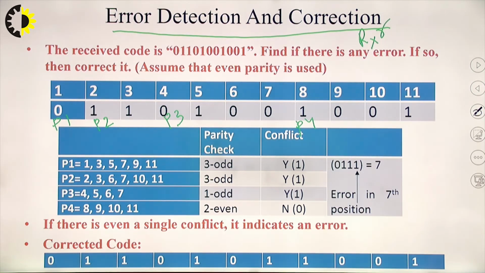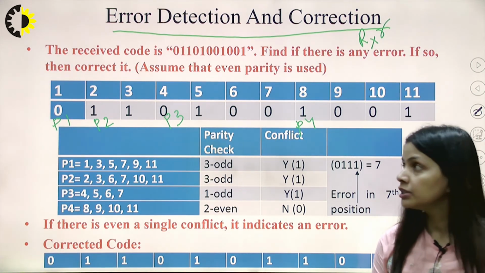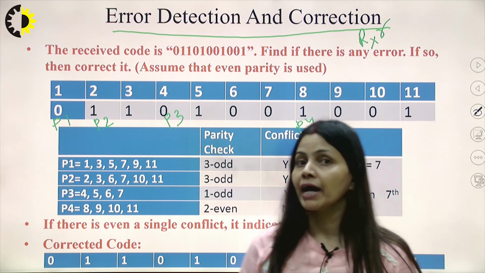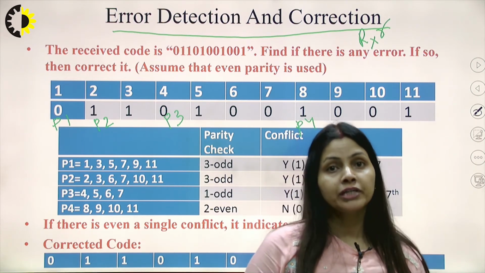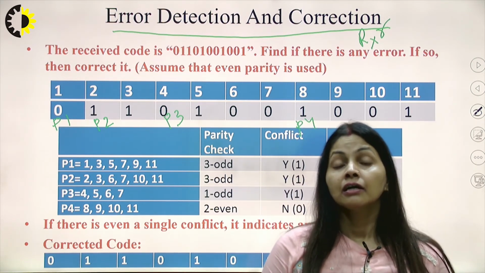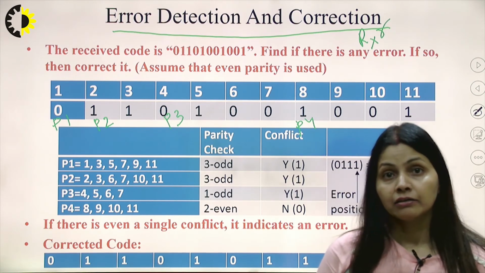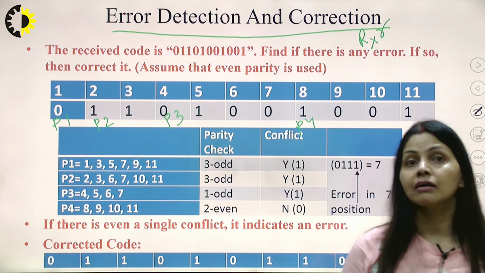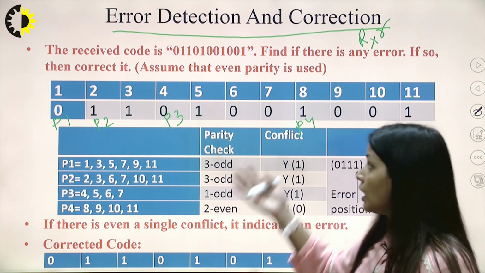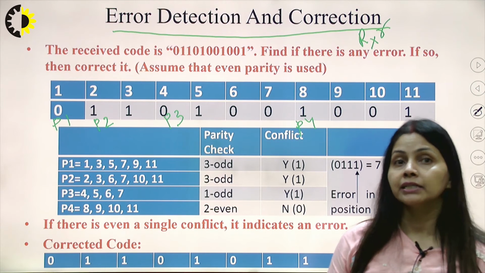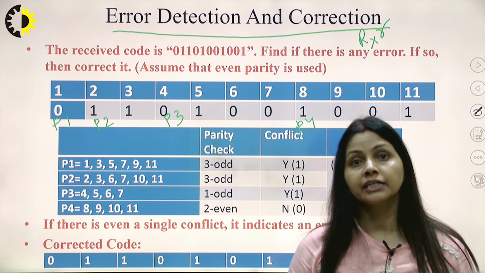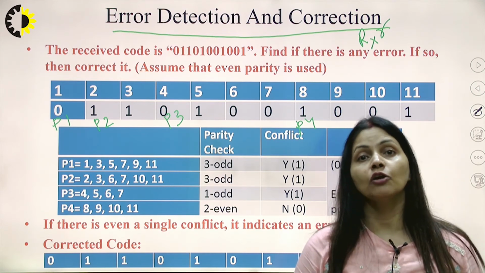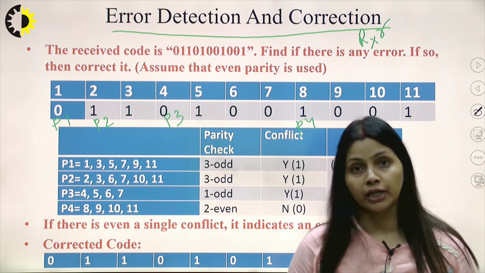That receiver knows. If the receiver knows that these are my parity bits, now to detect the error, the receiver will check whether P1, P2, P3 and P4 are satisfying the criteria for even or odd parity.